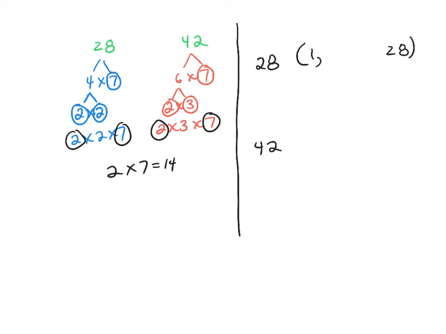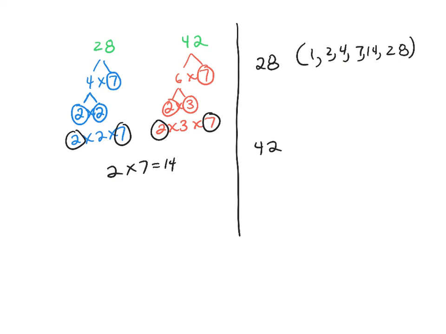Using divisibility rules, because 28 is an even number, I know 2 times something has to equal 28, and it would be 2 times 14. I also know that 4 times 7 gives me 28. So now I have written all the factors of 28.